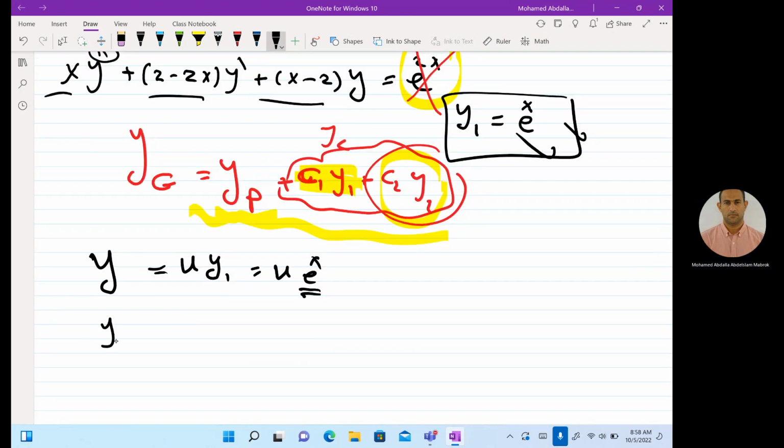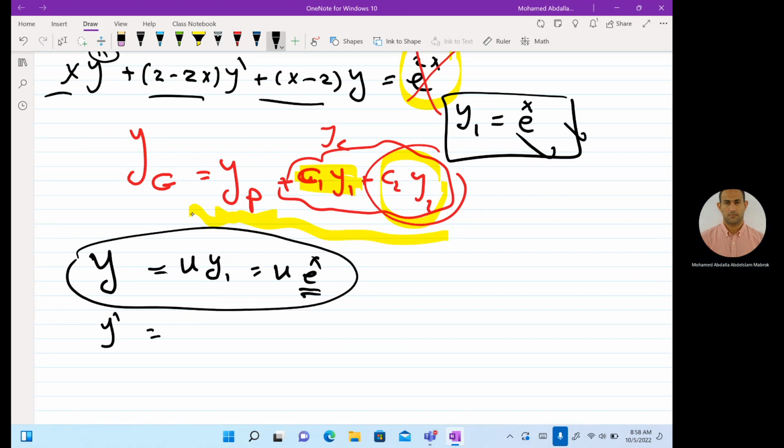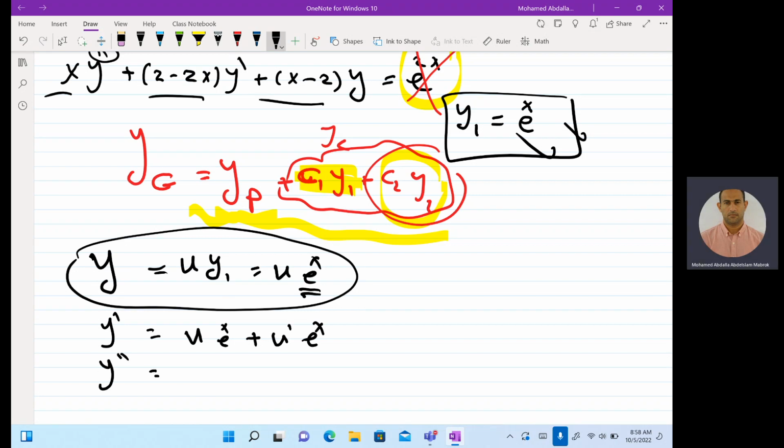And then Y dash will be U e to the power X plus U dash e to the power X as well, because the derivative of e to the power X is e to the power X. Y double dash is U e to the power X plus U dash e to the power X plus U dash e to the power X plus U double dash e to the power X. I love e to the power X, it's just a good function.